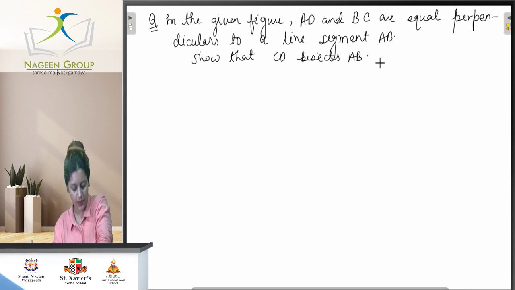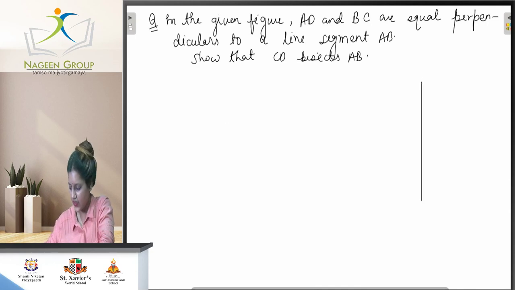CD bisects AB. So the given diagram is that.